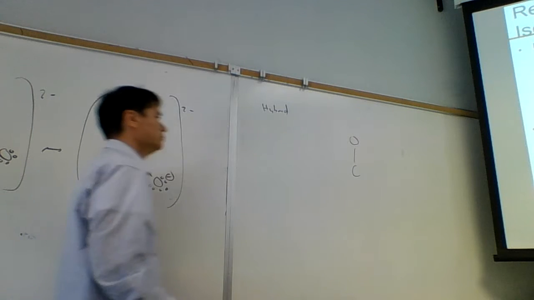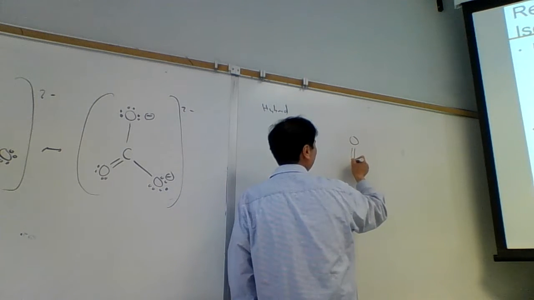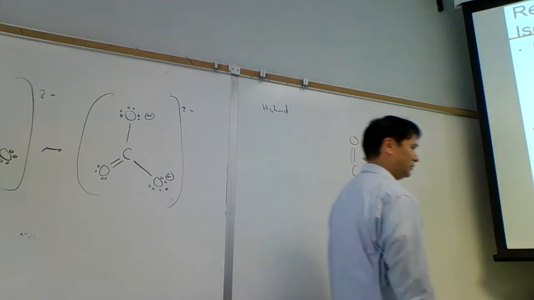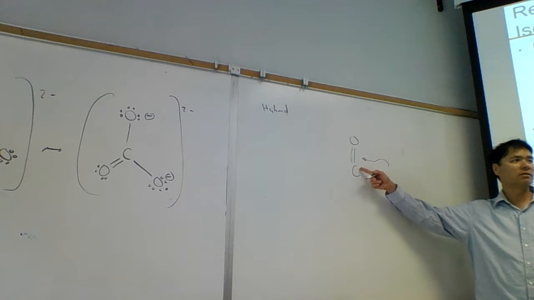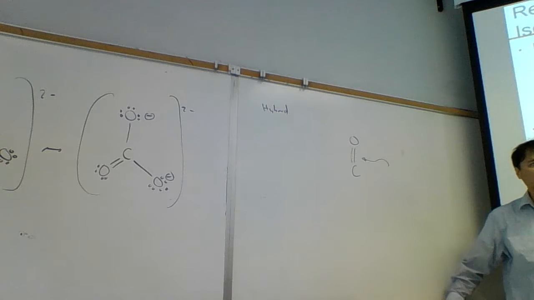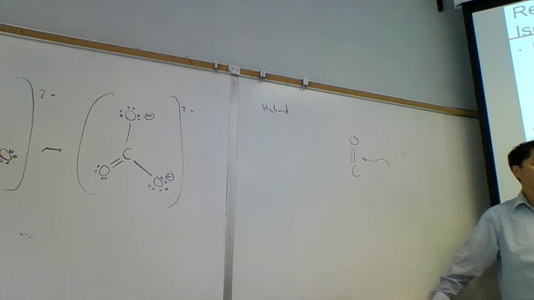Good. And so that's some fraction of the bond. What was the fraction of the bond that you got for this? It's between a single and a double, but where does it lie between a single and a double?